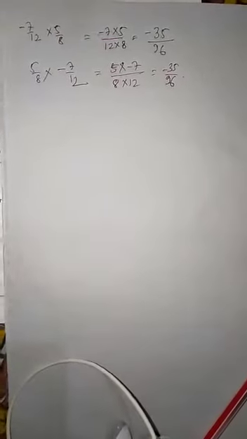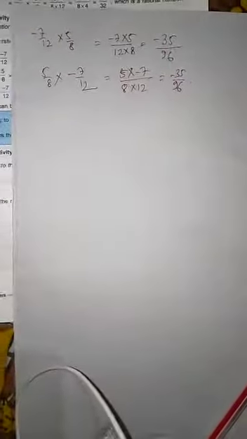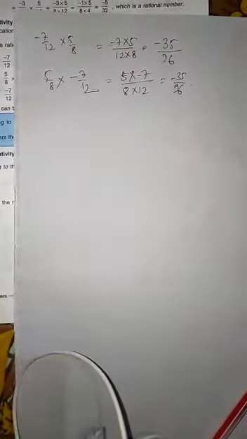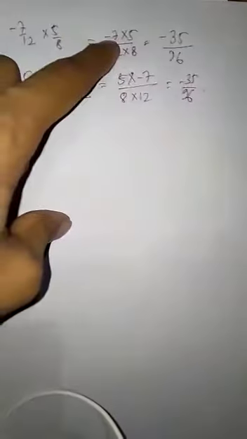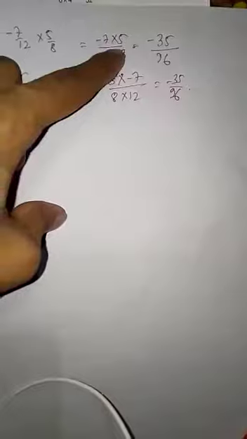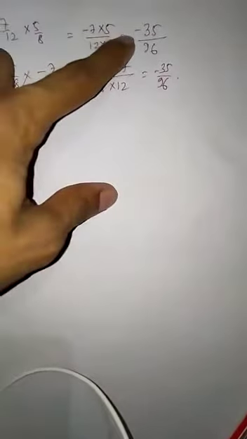In case of multiplication, if we consider minus 7 by 12 and 5 by 8 as two rational numbers, then we multiply in the order of minus 7 by 12 into 5 by 8, then we will have minus 7 into 5 by 12 into 8. We know that the product of one positive integer and one negative integer will be a negative integer.